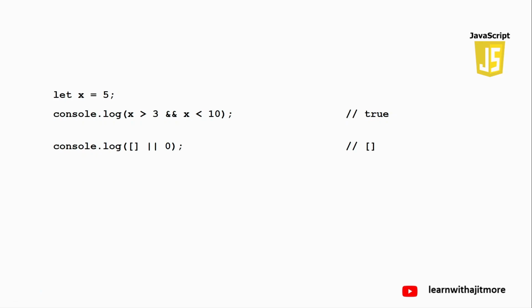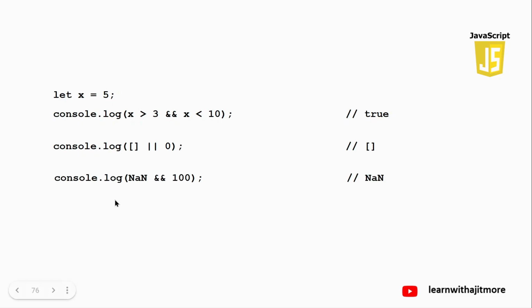And in case of ORing, the first truthy value. So this is the first truthy value. Array is true according to JavaScript, irrespective of whether it's an empty array or an array with elements. So this is true. Therefore, no need to check this part. The first truthy value is returned.